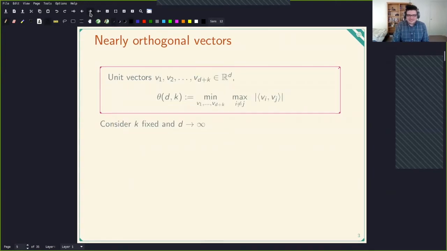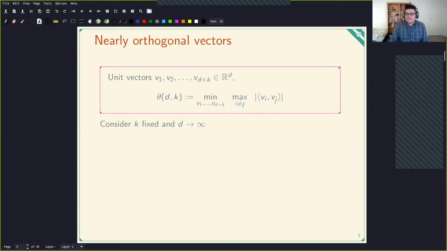So a quick definition, just so we can move everything together. We'll use theta of d,k to be this minimum inner product over all of these. In other words, I can look at some arrangement of vectors on the sphere, and I can ask how close to orthogonal are they? The measurement of how close to orthogonal is just the maximum inner product in absolute value.